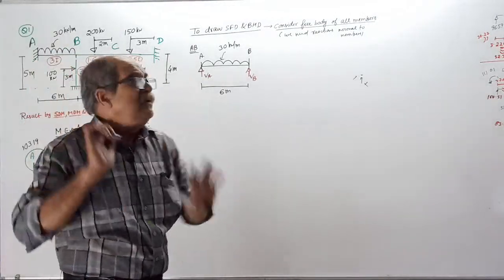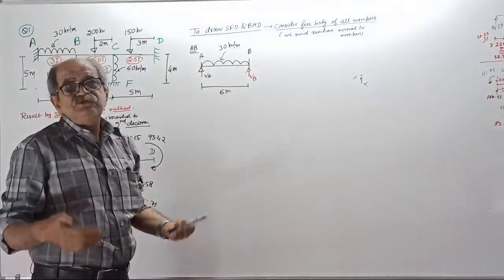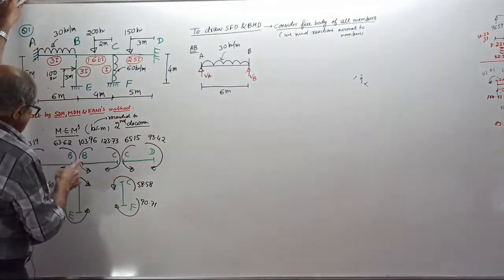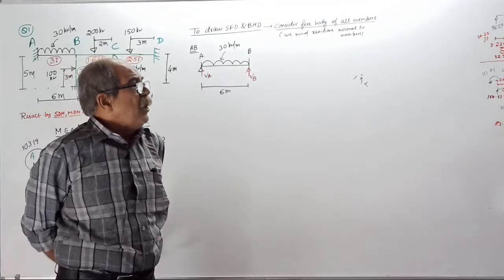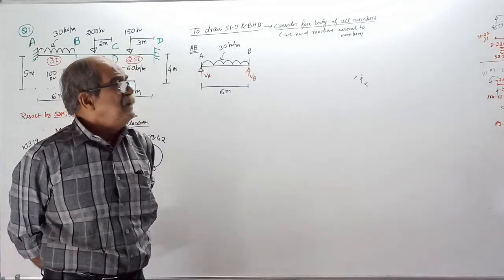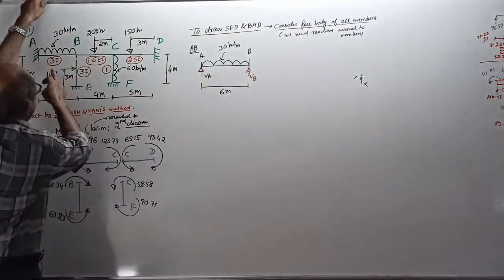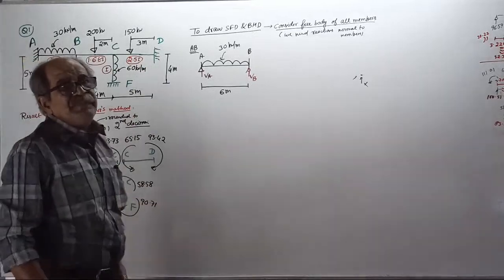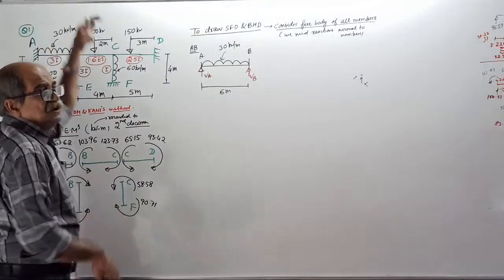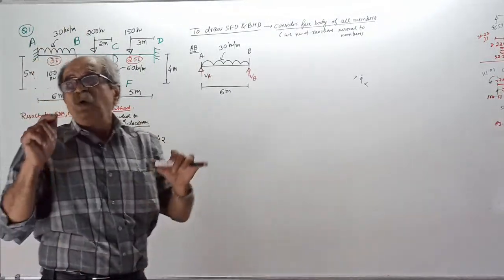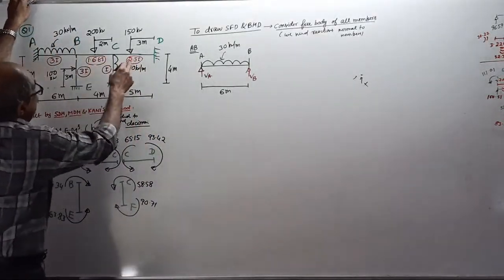So to help him, I have given the EI values, so that if he wants, he can solve and get the same moment that I got. Somebody who wants to solve by the moment distribution or Kani's method should not say I cannot solve because EI values are not given. Otherwise he may take EI constant, and if he takes EI constant, this result will not come. Therefore, to help those who have the knowledge, I have given EI. Otherwise, EI is not required.